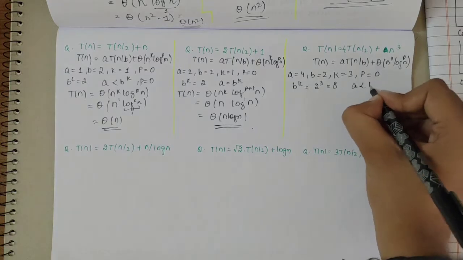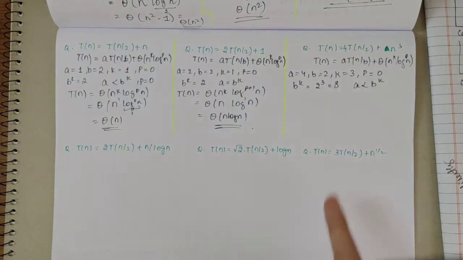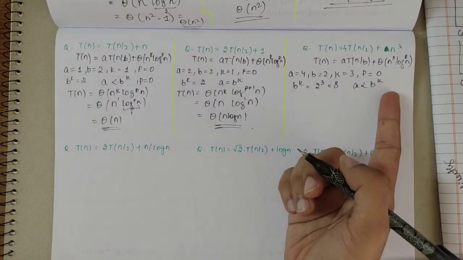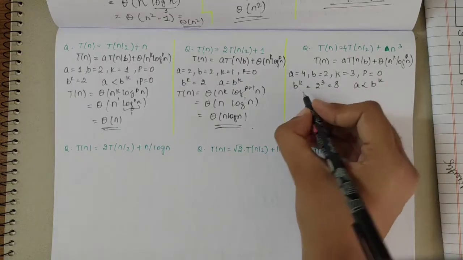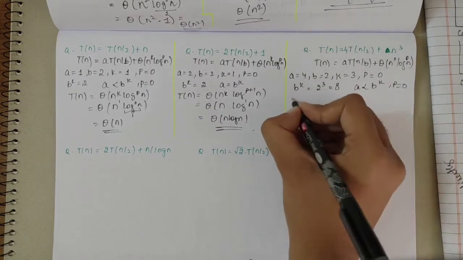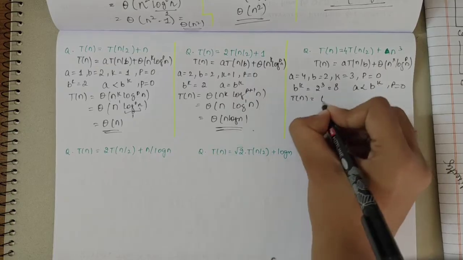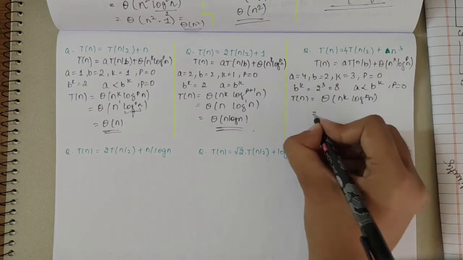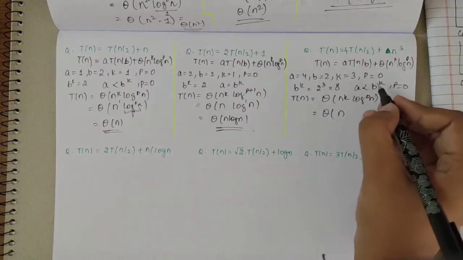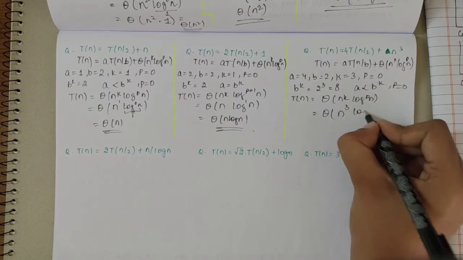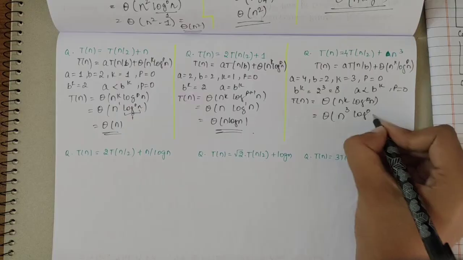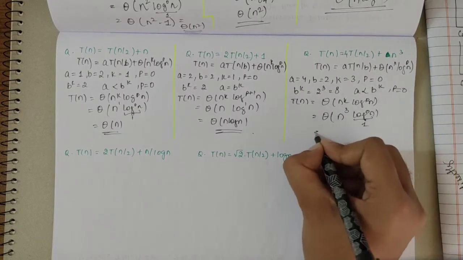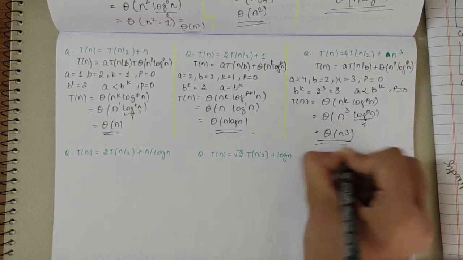Here I can write that a is less than b^k. So when a is less than b^k, I should look at the third equation. In the third equation, p value is also 0. So I'll get the equation as T of n is equal to theta of n^k log^p n. So it will be theta of n^k, k value is 3, n cube log^0 n. So this will go to 1. So I'll be remaining with theta of n cube as the solution.